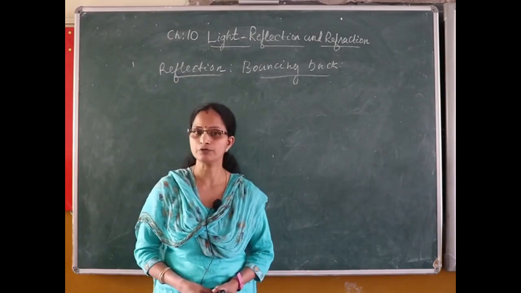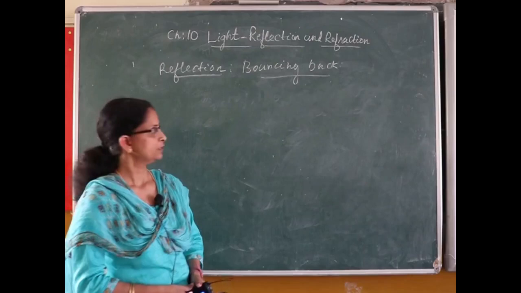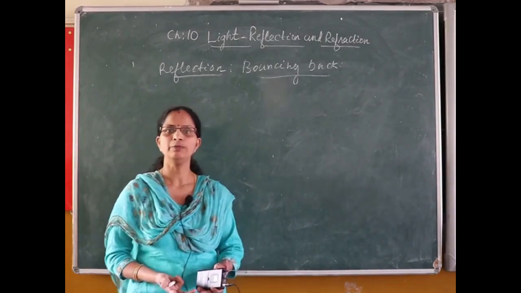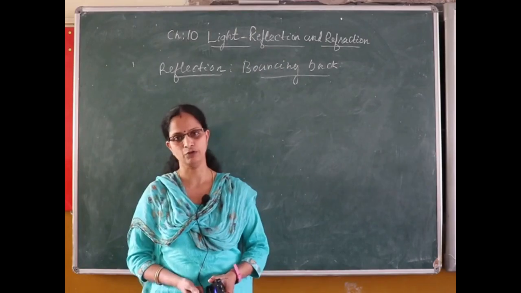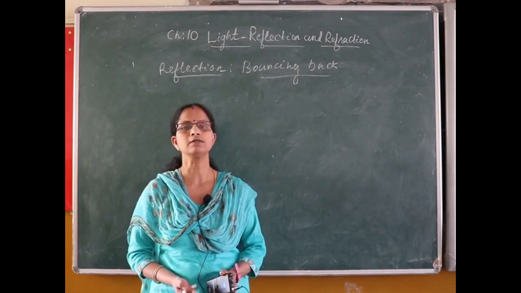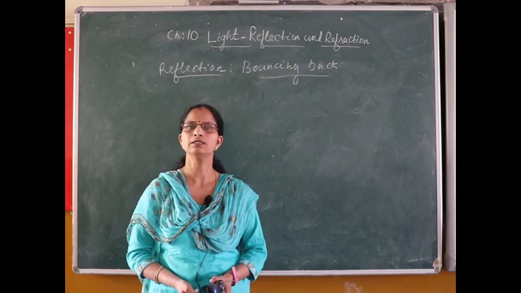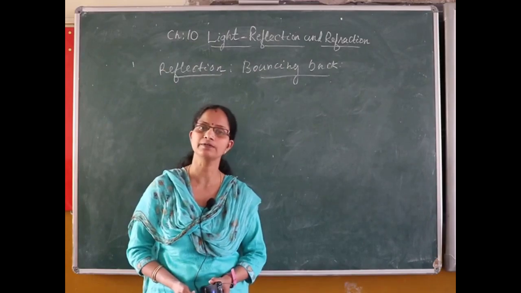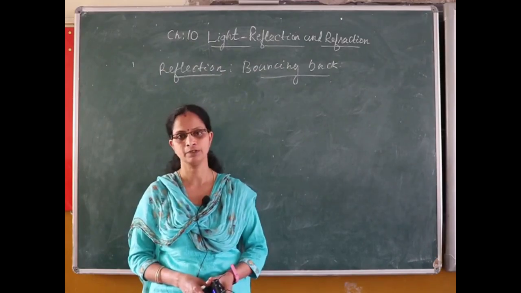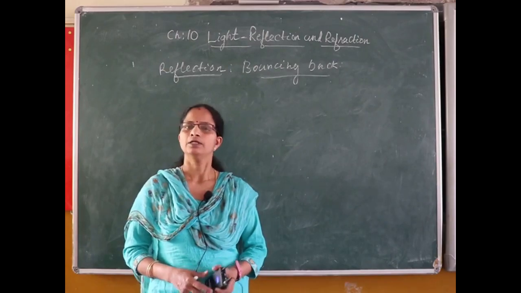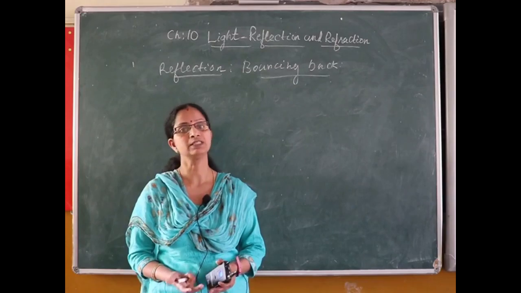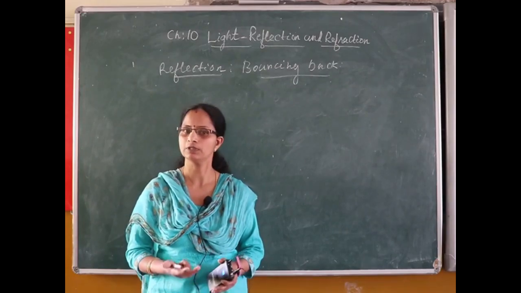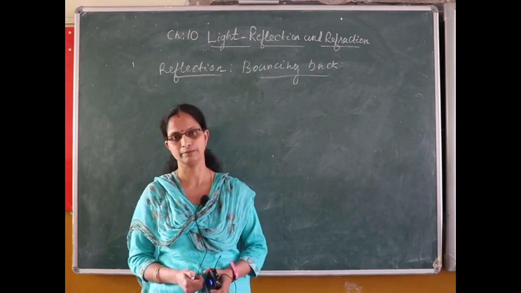The characteristics of the image formed are: the image will be seen inside the mirror, that means a virtual image is formed. The image is of the same size as that of the object. The distance of the image from the mirror will be the same as that of the object from the mirror.